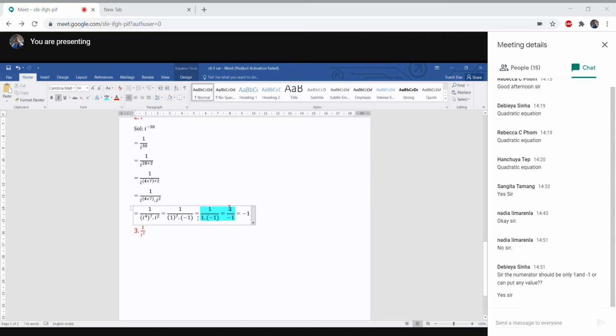Okay, this part, yes. Look, 1 to the power 7 is what? 1, and minus 1 is multiplied like this. So 1 into minus 1 is what? Minus 1, right? So 1 divided by minus 1 is minus 1.